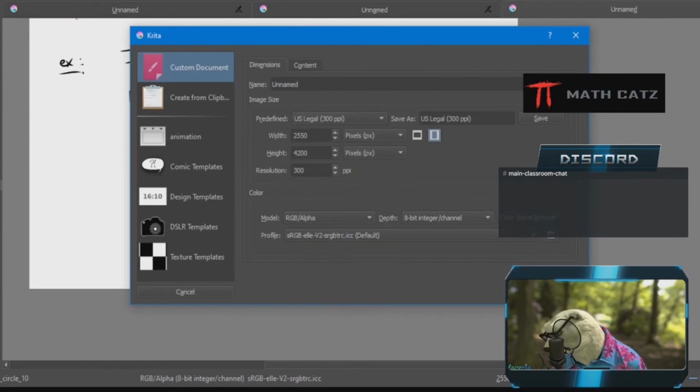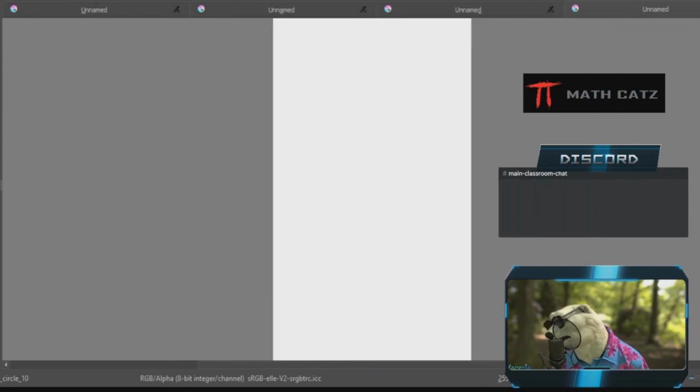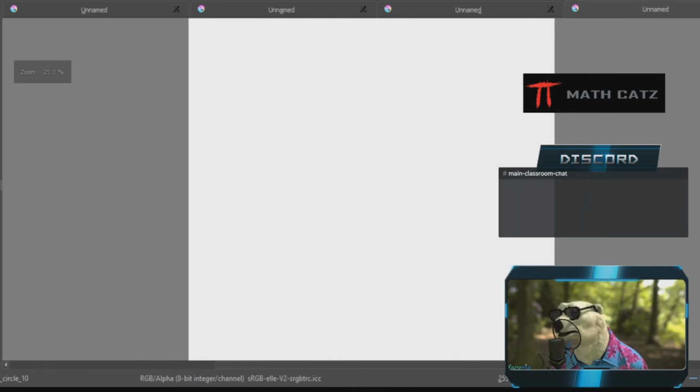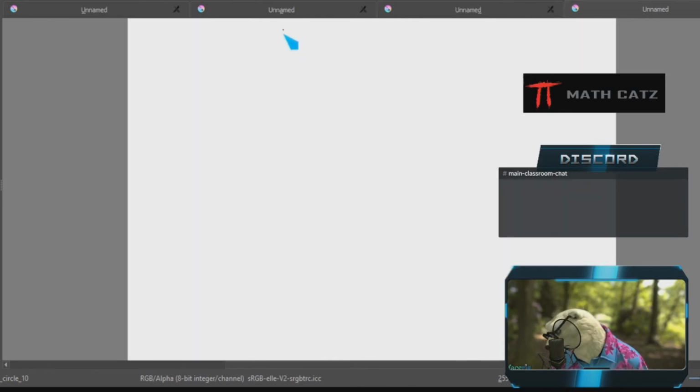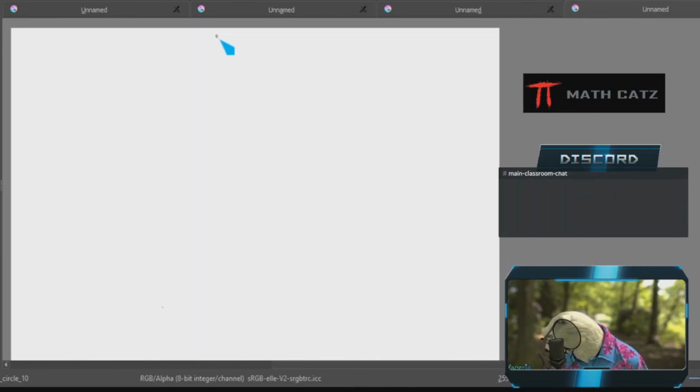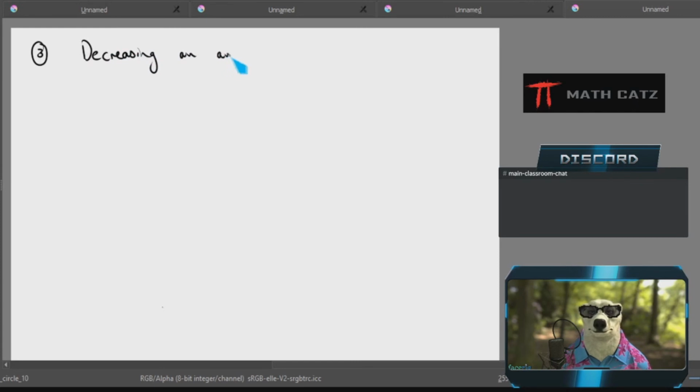All right. Last one is very similar to the second one. But sadly, what goes up probably comes down. So I have a decrease. Decreasing an amount, of course, it doesn't have to be money, but that is usually what happens.